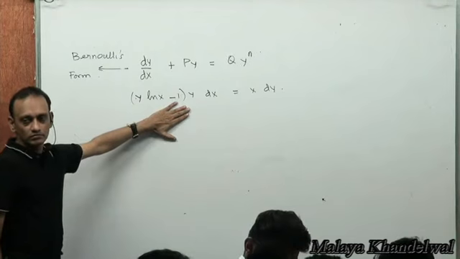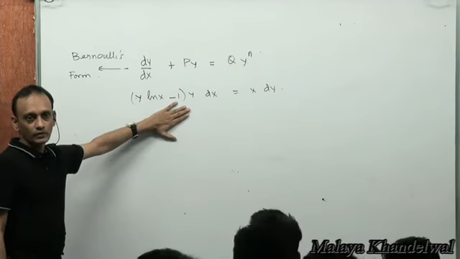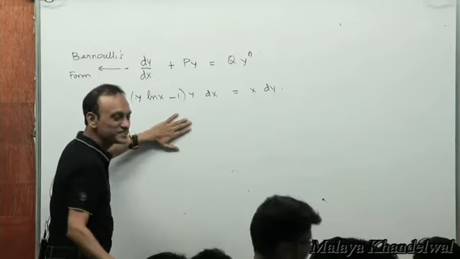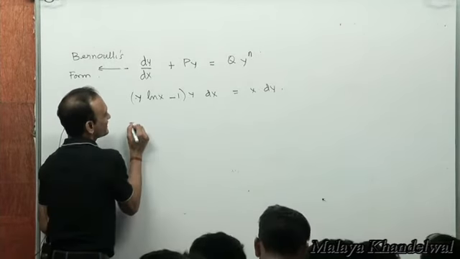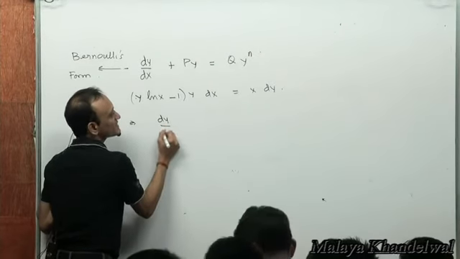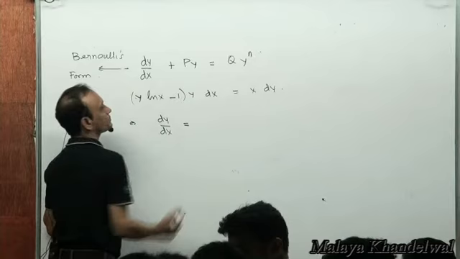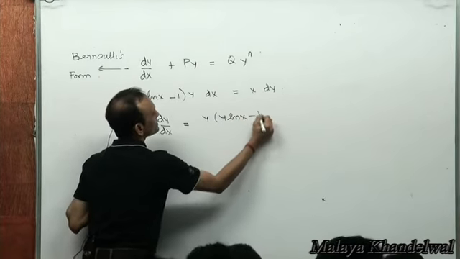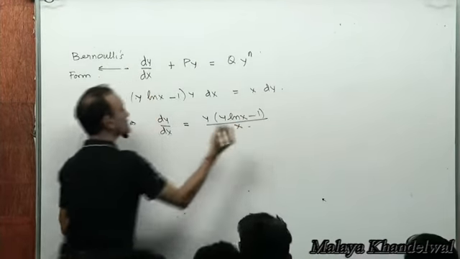Now look at this form. I seek to reduce it to Bernoulli's form. dy dx is y into y log x minus 1 by x. That's dy dx.